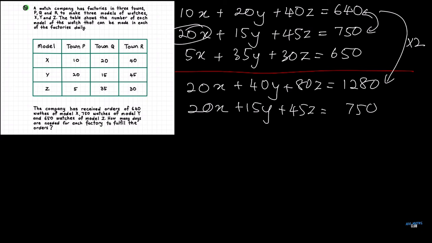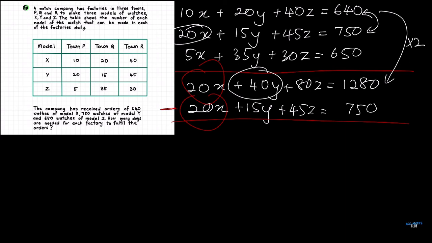So now we have same terms. So I have to minus, right? So bila tolak, what will happen now? 20x minus 20x, hilang 0. And then I have 40y minus 15y. That will be 25y.